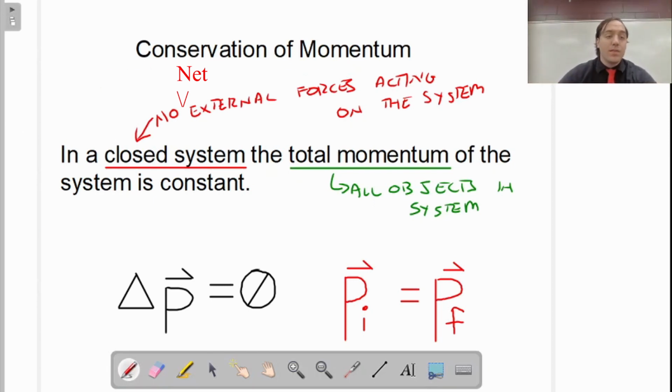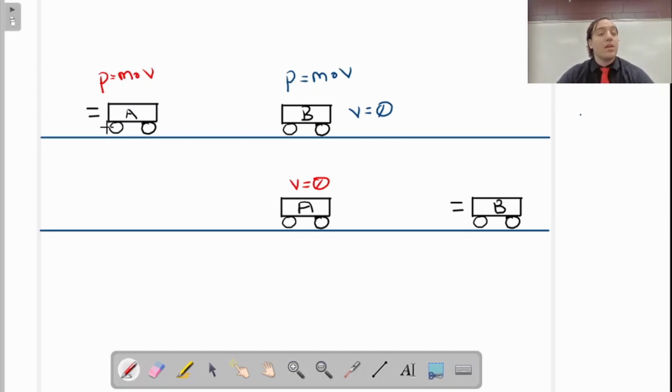If we go back to the first example, in this particular case, the momentum of the A cart is here in red. The momentum of the B cart is here in blue. If they both have a mass of 500 grams or 0.5 kilograms, and a velocity of about 2 meters per second, that gives me a total momentum of 1 kilogram meter per second. The B cart has a velocity of 0, which means its initial momentum is 0.